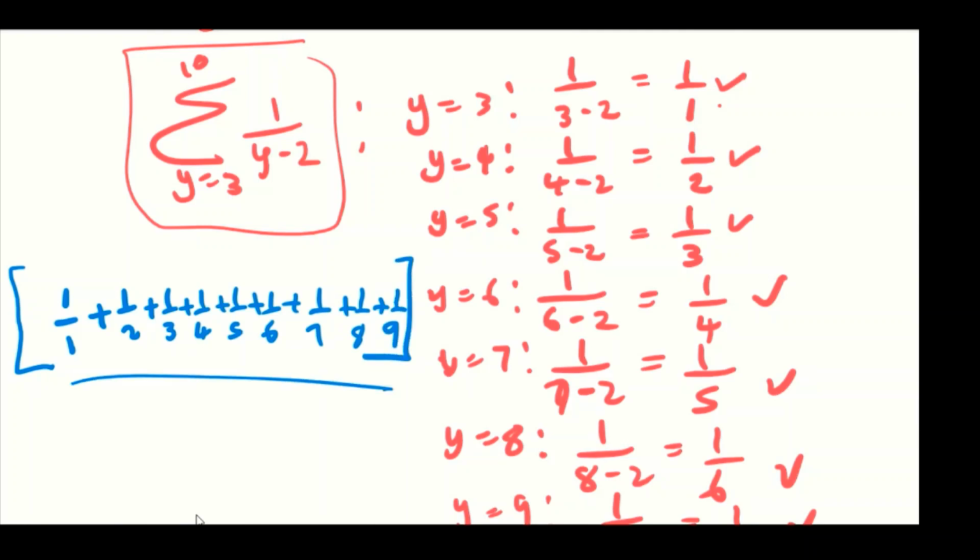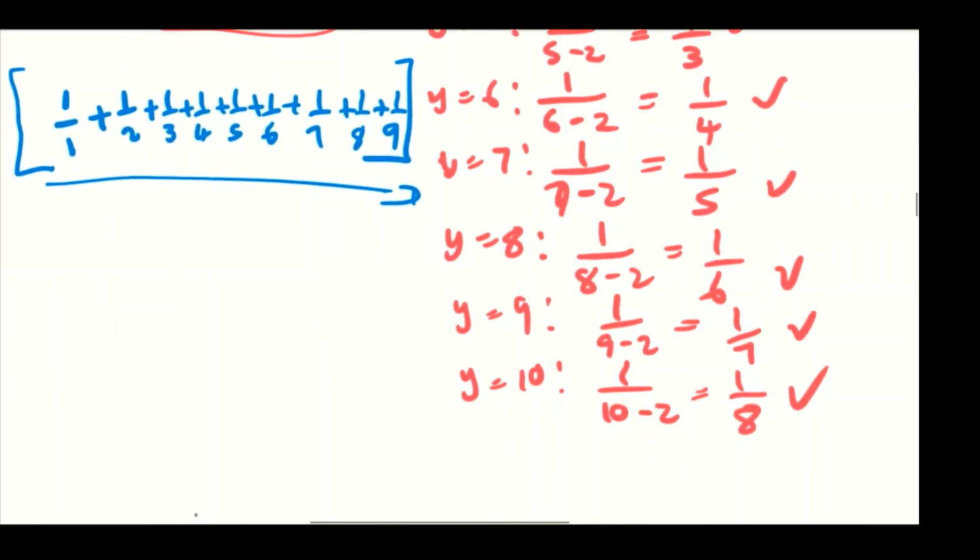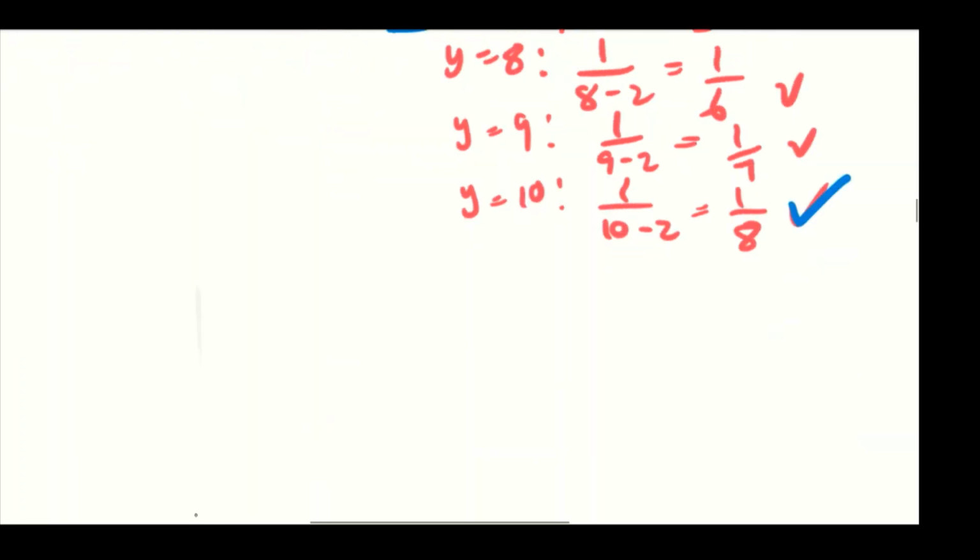So these are the terms for the first sum. Oh, sorry, it's 1 over 8, it ends at 1 over 8. Let me correct myself here. So it's 1 over 8, right? This is the last one. Cool. So these are the terms for the first sum.